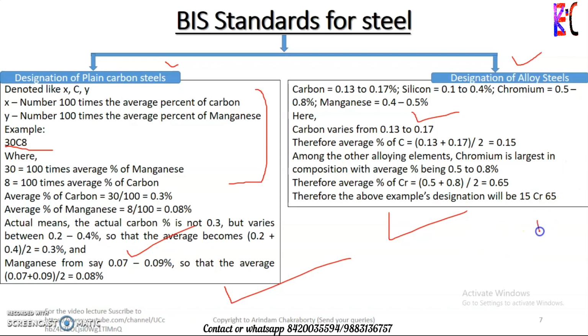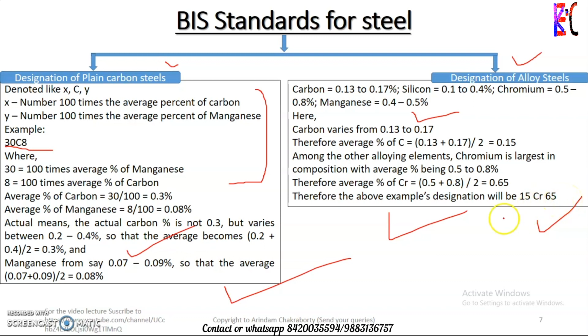This gives us the amount of chromium present. That means chromium is the maximum amount of material present in this alloy steel. It can be chromium, manganese, or nickel based, depending on how it is designed and named. So the name comes as 15 chromium 65.